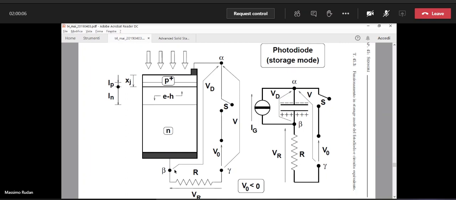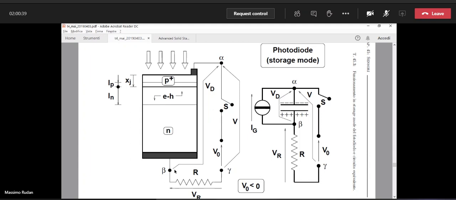So why is this storage mode better? Because one may say, yes, it is true, we have a much larger signal from the device, but we obtain this signal only from time to time, okay? We obtain the pulse of current only with the period that is the sum of the integration time and the sampling time, okay?